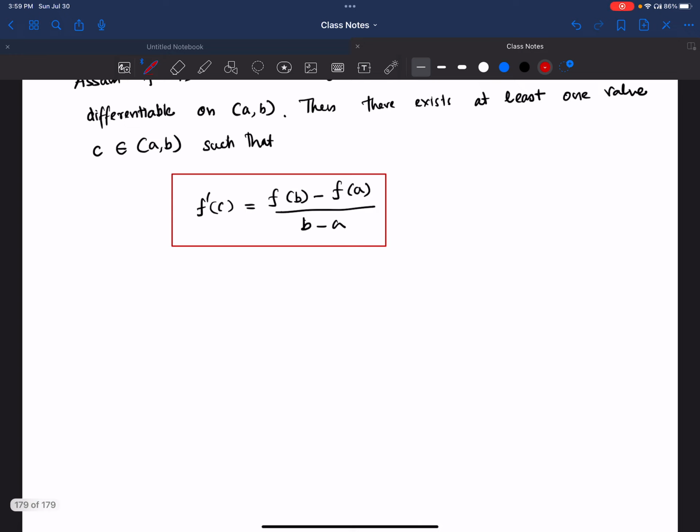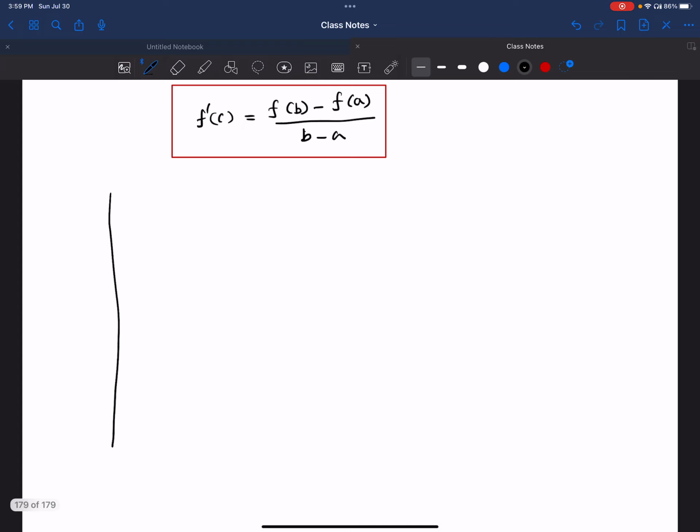Let's see what this really means graphically.